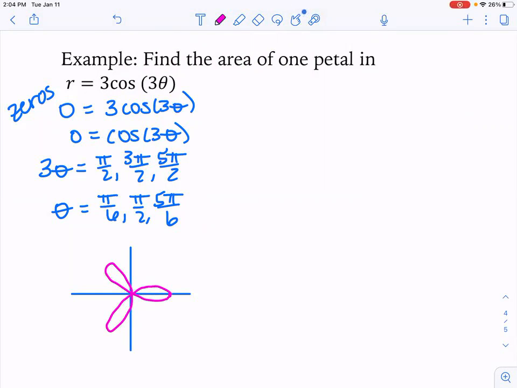So if we wanted to, Rachel, I know you were going to do this last time. This curve begins out here at 3, 0. So we could go from 0 to pi over 6 and double it if we wanted to. 0 to pi over 6 is half of a petal.